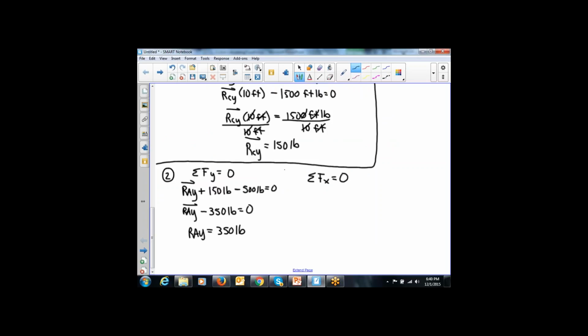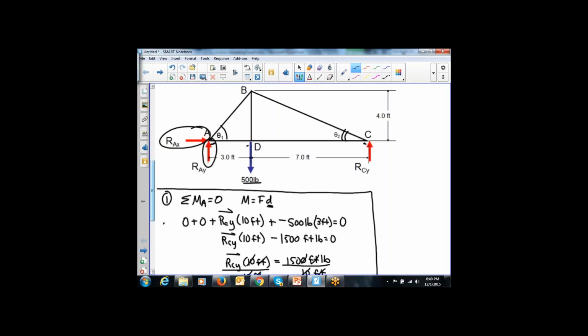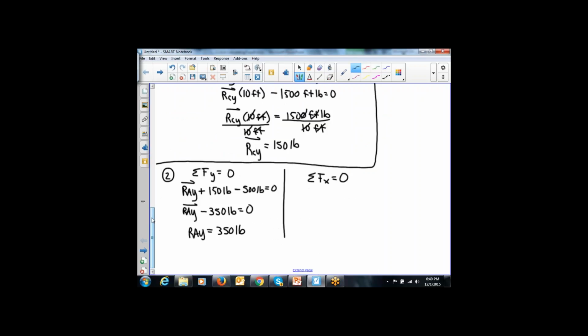So I'm going to go ahead and do my X's, and then I'll go mark all this up on the board. So I look at all my left-right stuff. I only have one left-right force, and that's RAX. So I'm going to write RAX. It's going to the right, so it's positive. If I had some left stuff, that would be negative. So RAX, and this will panic the kids because there's nothing else there. The fact is that's the only force, then it has to be equal to 0.